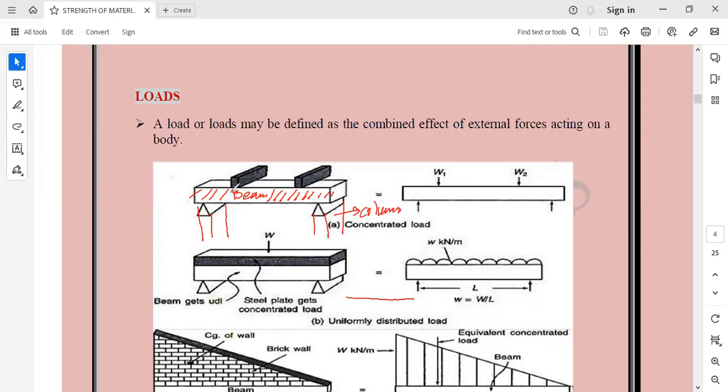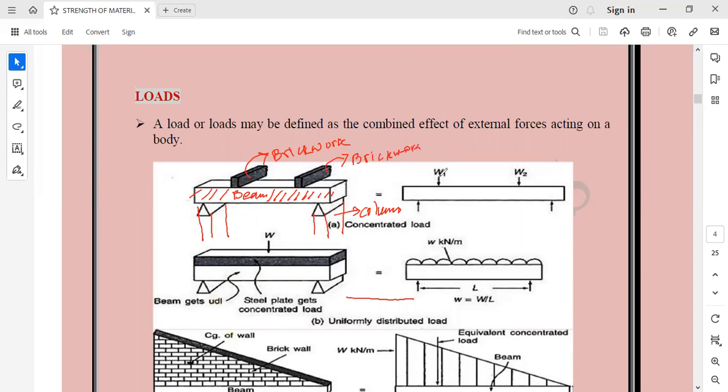And suppose on this beam, there is a brickwork which is resting not on the end, but anywhere between the ends of the beam. These two brickworks are resting on the beam.